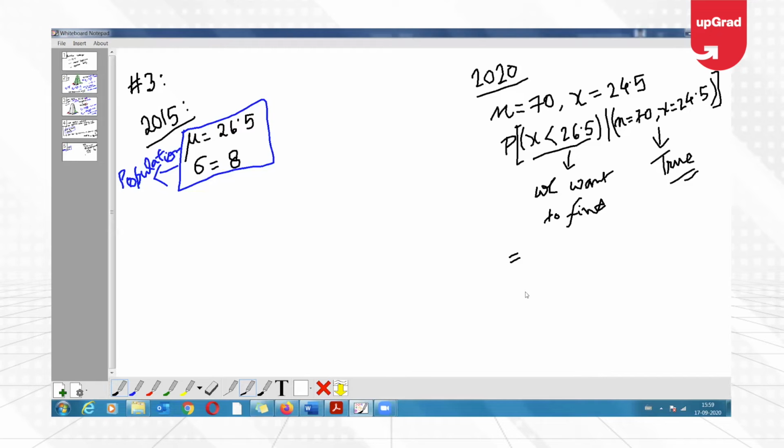So let's go step by step. Let's first write down what our belief is. From the initial indications, our belief is that kids are watching less TV, less than 26.5, because this was my benchmark.